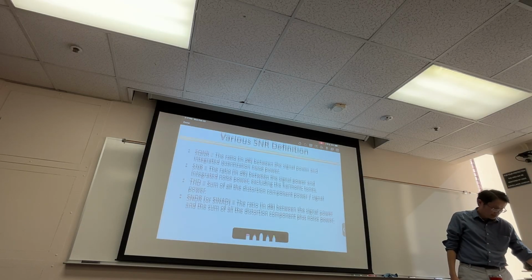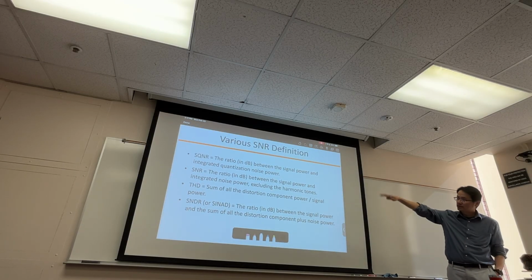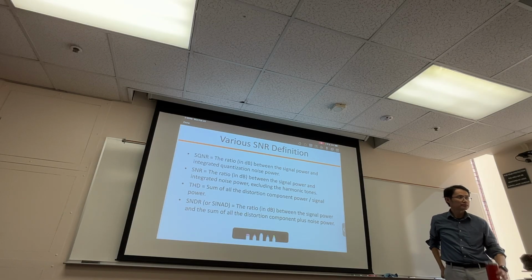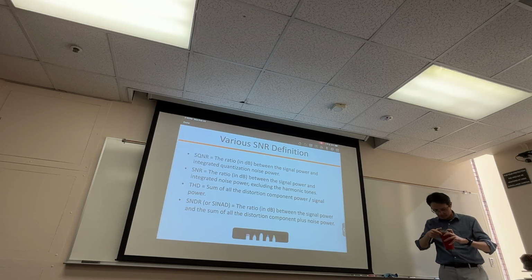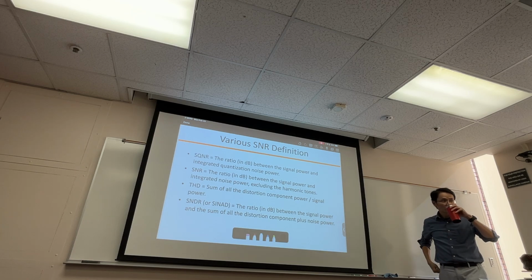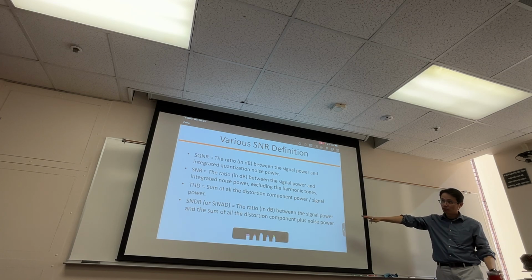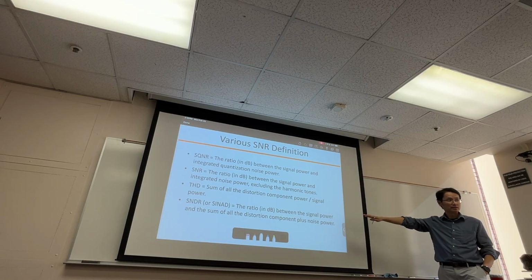Okay, so among all of these, which one should be the worst number? The last one will be the worst number. Which one will be the best number? That's good enough. Which one will be the second number?